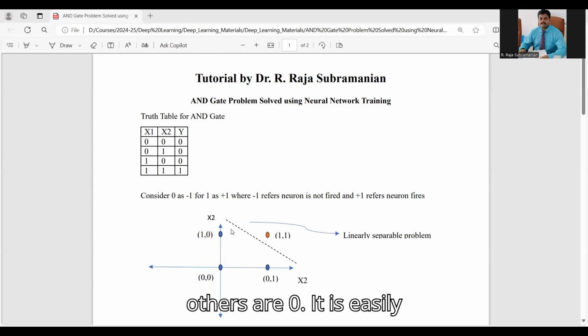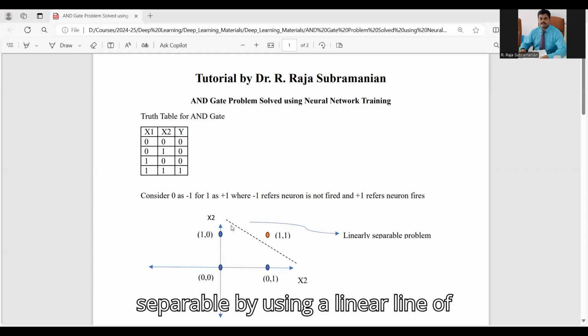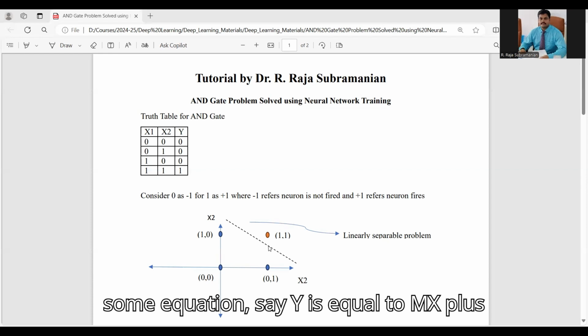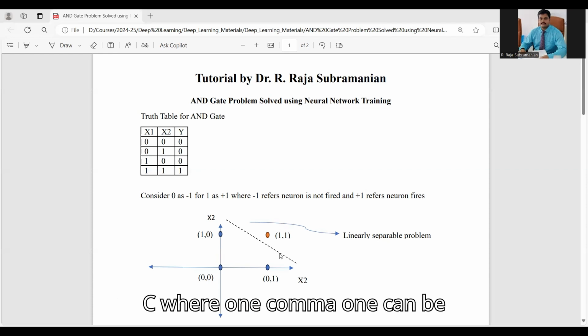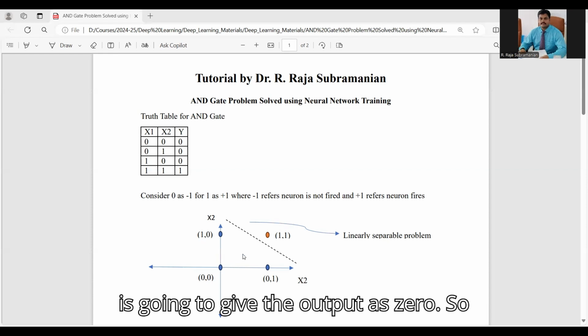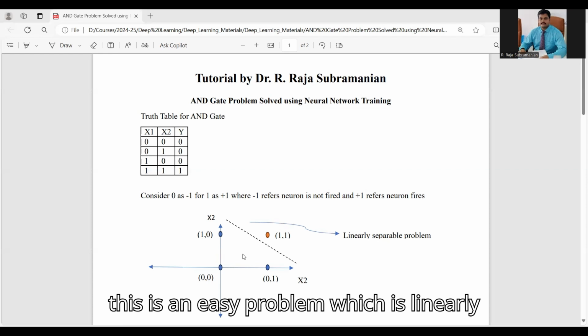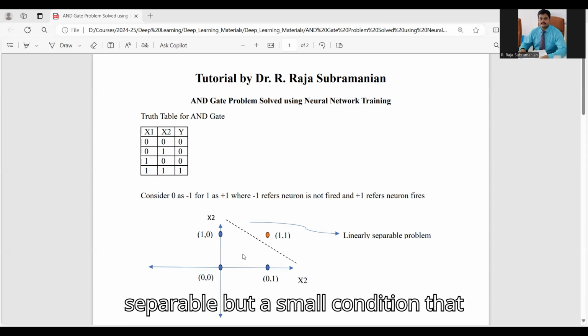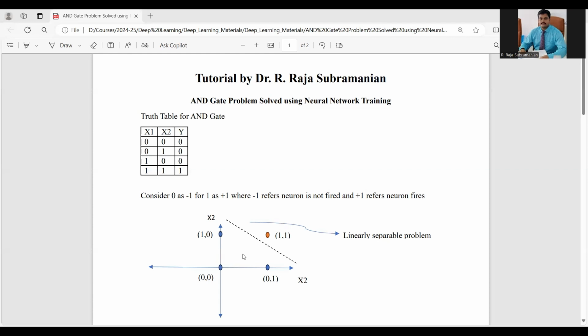It is easily separable by using a linear line of some equation, say y is equal to mx plus c, where 1 comma 1 can be separated from the rest of the inputs, which give the output as 0. So this is an easy problem which is linearly separable.